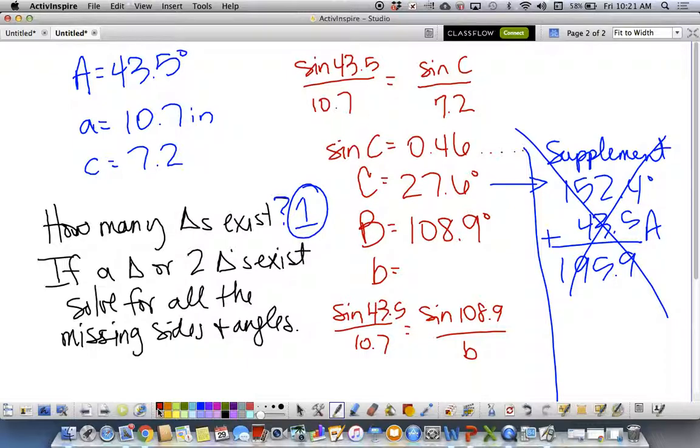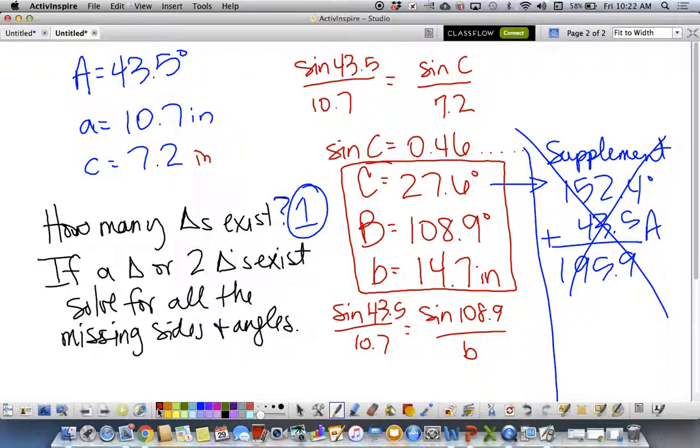Opposite B is 108 degrees, so we should have something more, and you got 14.7 inches. Oh, I forgot to put my inches there. So this is all I need for this one. Questions? No.